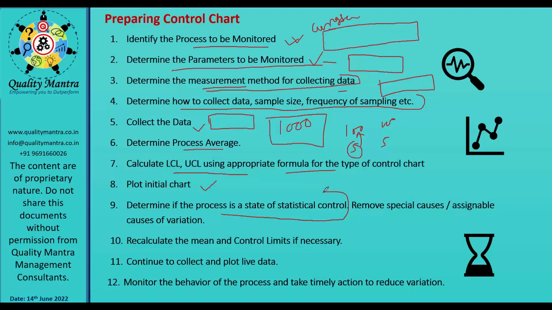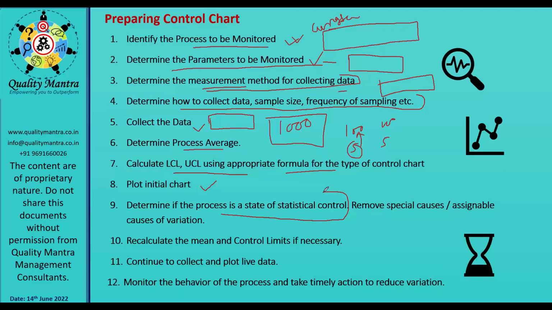Now, statistical control में तब होती है process when there is no special cause. अगर आपकी प्रोसेस में कोई स्पेशल कॉज ऑफ वेरिएशन नहीं है तो आपकी प्रोसेस स्टैटिस्टिकल कंट्रोल में होती है. आप आइडेंटिफाई करोगे कोई स्पेशल कॉज तो नहीं है. जब आप कंट्रोल चार्ट प्लॉट करोगे, you will come to know there are various trends, जिससे कि आप पता कर सकते हो कि there is a presence of special cause. That also I will tell you, don't worry.